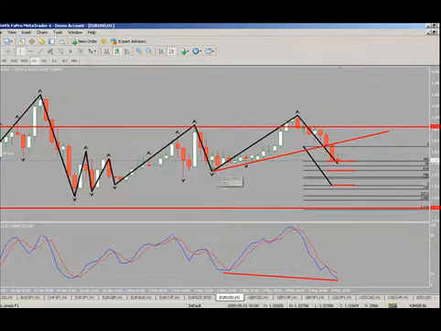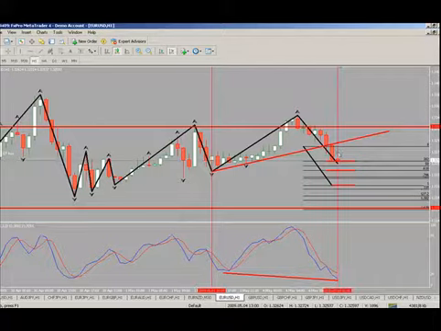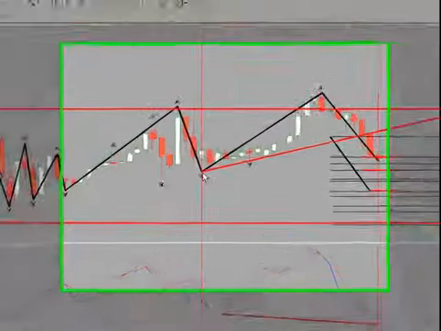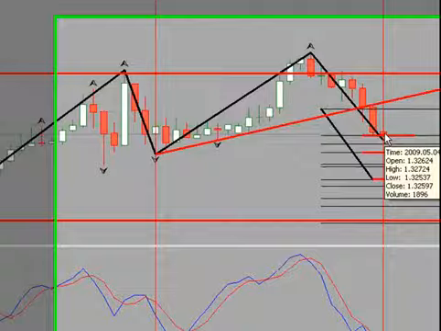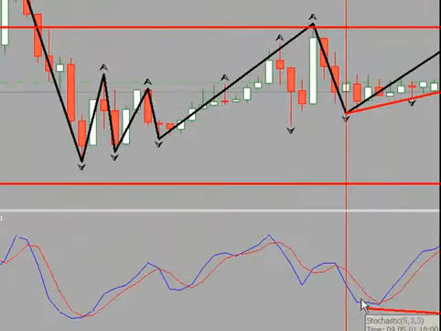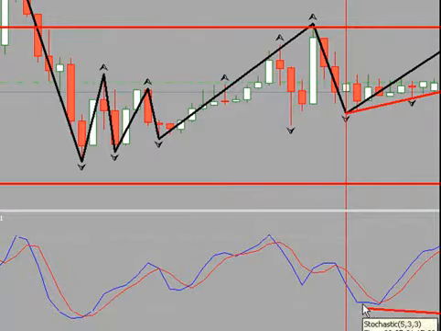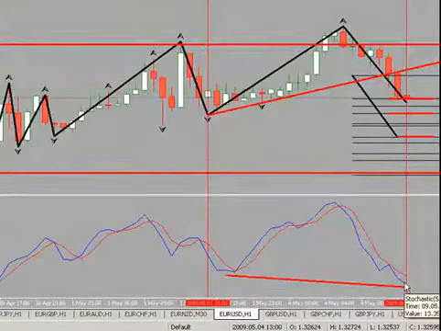Okay, so just putting a line here, and I'm putting another line on this current low here. As you can see, the market here made a much lower low than the market here, but the oscillator here did make a low, but it made a much higher low than the low it's now making.